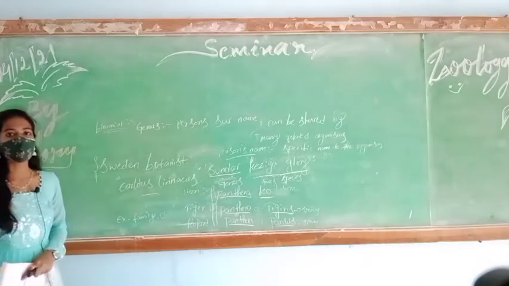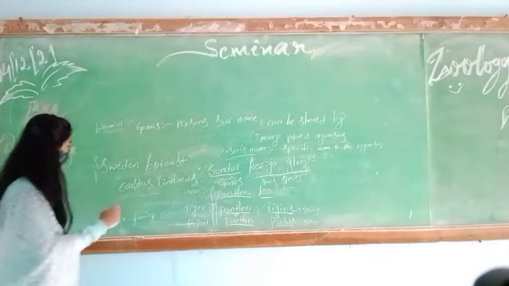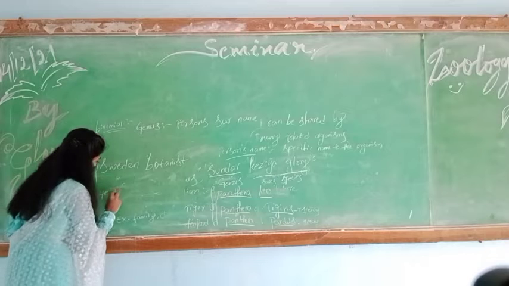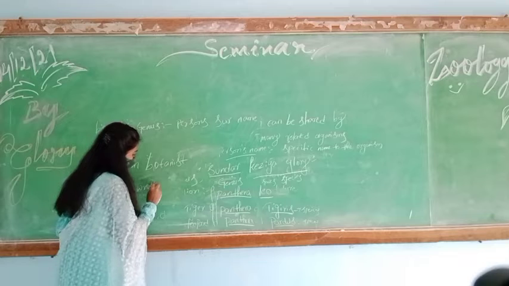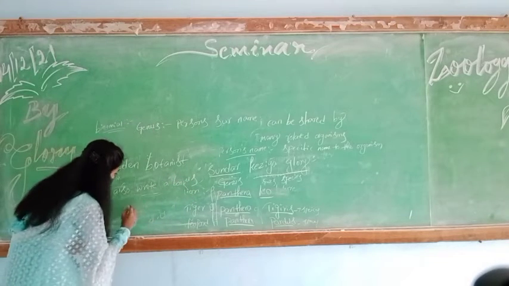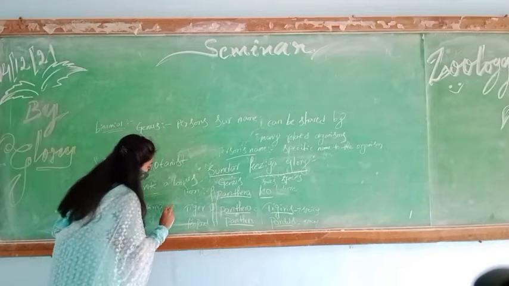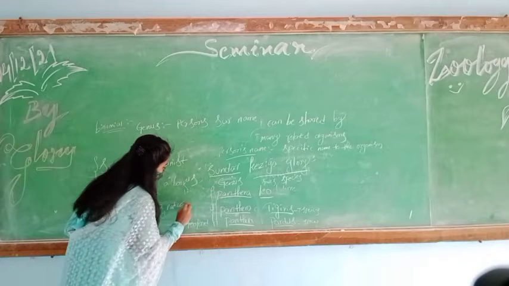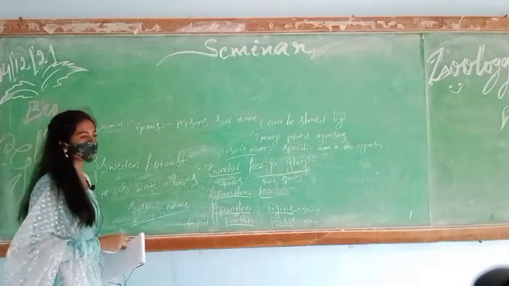He is also known as the father of modern taxonomy. He also wrote a famous book, Systema Naturae. The author of this book is Sir Carolus Linnaeus.